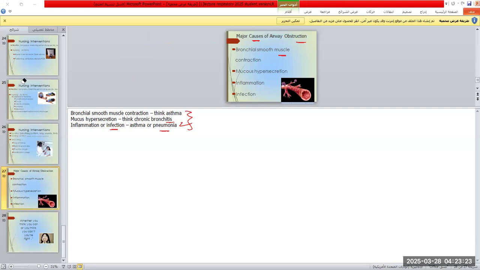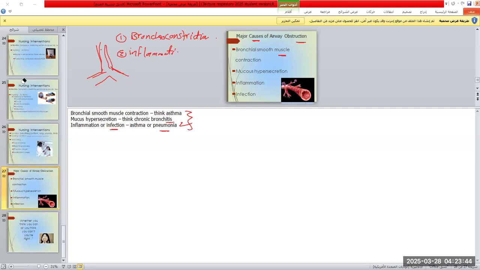Now, Ryan, we have two problems that may happen in our respiratory system. The first thing is bronchoconstriction, and the second thing is inflammation.